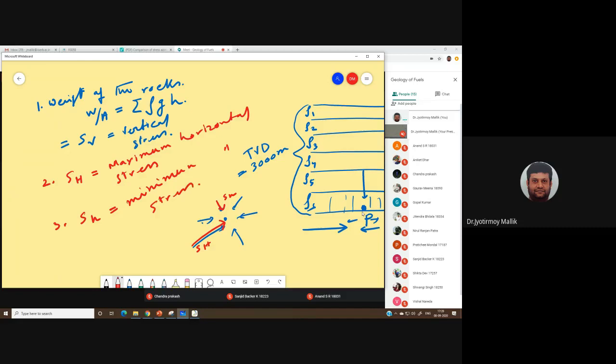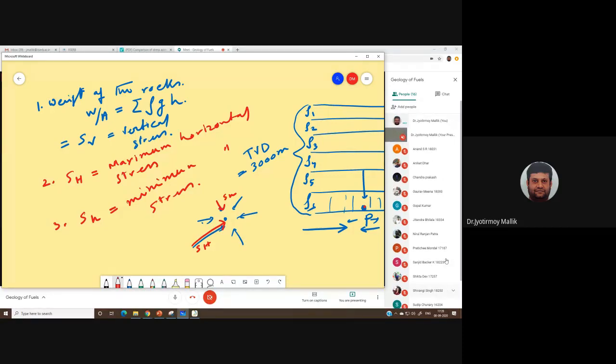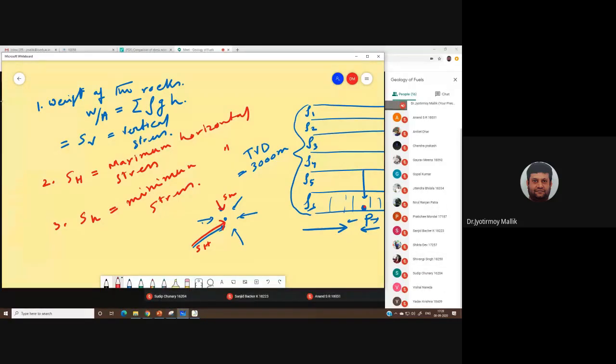ठीक है? और क्या रहेगा? What else would provide pressure at this point P? Okay, let me ask one of my 4th year students now, because I have taught them, so they should know. Pratichi, tell me, other than the stresses of the rock, what else would put pressure on this point P? Sir, it's weight mg. वो तो हो गया. That we discussed already.